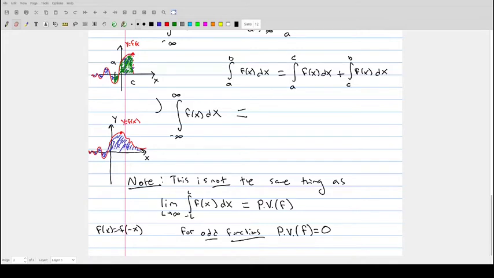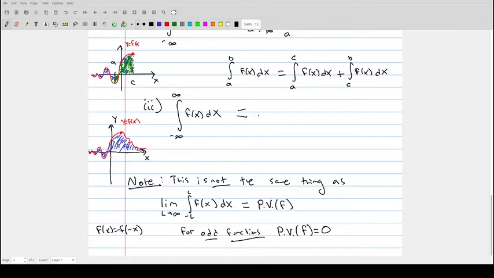So we use this additivity property to define exactly the improper integral from negative infinity to positive infinity, this third subtype.